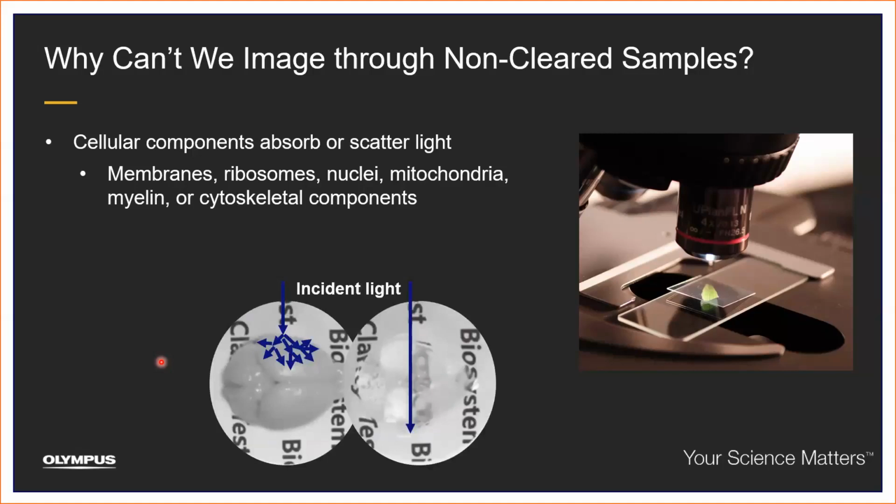These include membranes, ribosomes, nuclei, mitochondria, myelin, or even cytoskeletal components. Sample clearing removes the major light scattering and absorbing molecules in these cellular components and permits light to pass through the sample efficiently. Thus, the entire depth of even a thick sample can now be visualized easily.